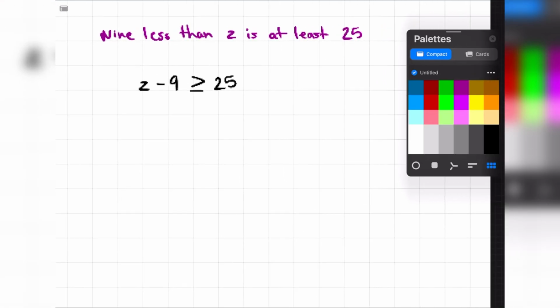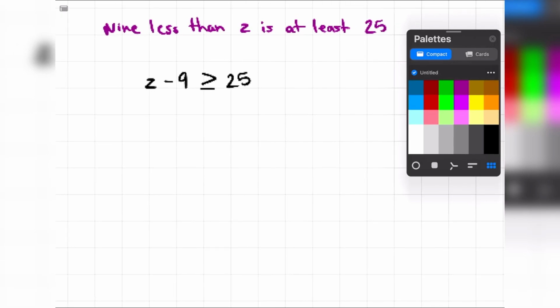Now, what word problems are doing is putting it into word format and giving you the pieces to the puzzle. You have to put it together, and if you get it right, now you can solve it. So best believe you read it correctly, because if you read it incorrectly, the math you do here will be wrong. Well, technically the math won't be wrong, but the answer will be. If we had written 9 minus z for whatever reason and then solved it, the math would technically be correct, but because we read this wrong, it'd be wrong.